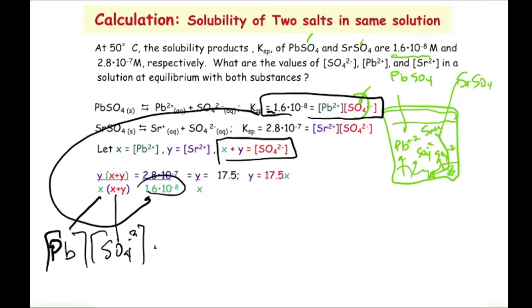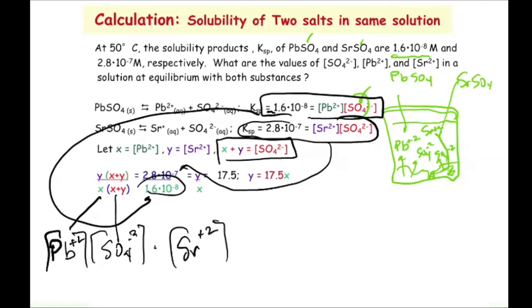This equation right here is just the equation on top. It's the strontium, there's a plus 2 here, times the sulfate. But remember that the sulfate now is X plus Y, and that's why I have X plus Y right here, because it's going to come from both reactions. But this is simply a math problem.